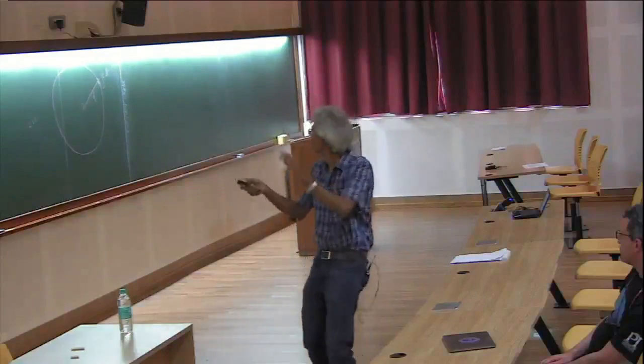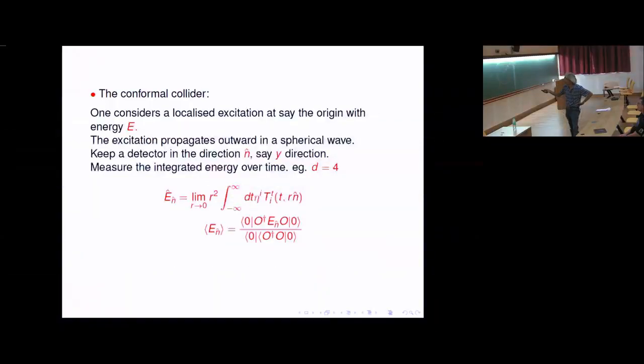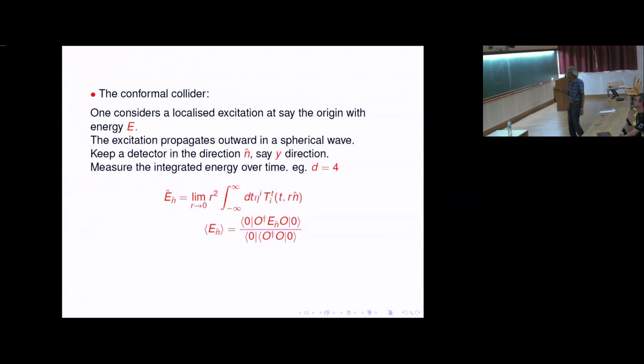So let me just explain it. This is just a picture to keep in mind. One considers a localized excitation at the origin, and the excitation propagates outside, and you keep one detector at some particular direction and measure this integrated energy. This is the state with which you're making the excitation, and you measure this particular object.